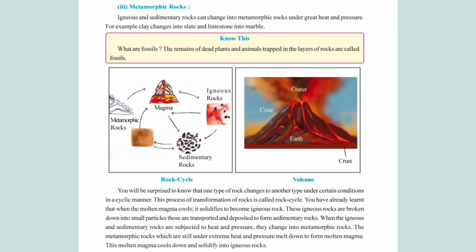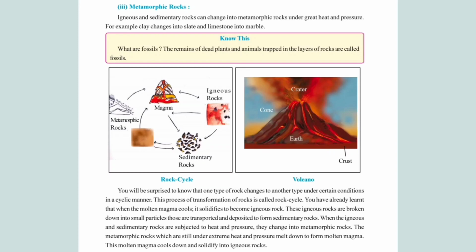A common example is clay being converted into slate. This slate is an example of metamorphic rock, and limestone getting converted to marble is again an example of metamorphic rock. A common structure made of white marble is the Taj Mahal, which is made up of white marble from Makrana in Rajasthan.